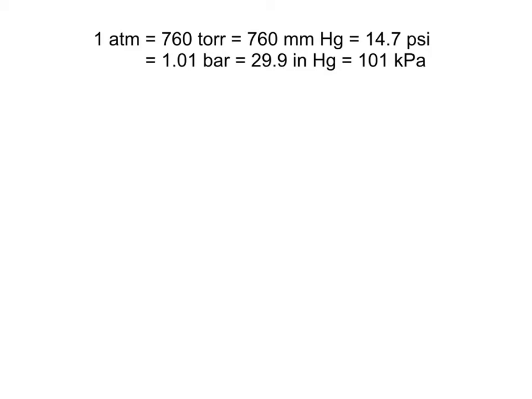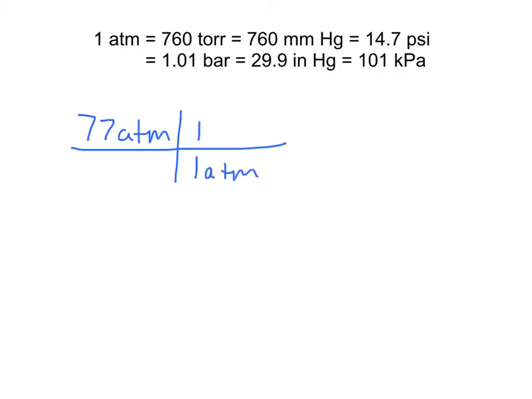You need to be able to go back and forth between that. And so to do that, you just say I was given, for instance, 77 atmospheres, and I wanted to get to kilopascals. So I would use the things I've got up here, and for every 1 atmosphere I would get 101 kilopascals. Then I could cross out atmospheres.